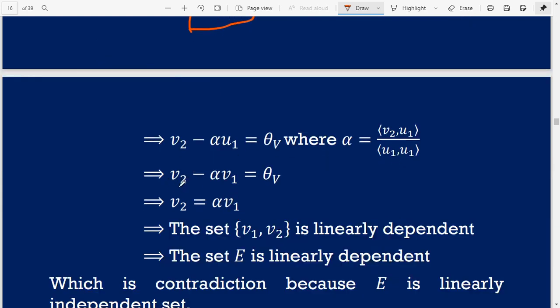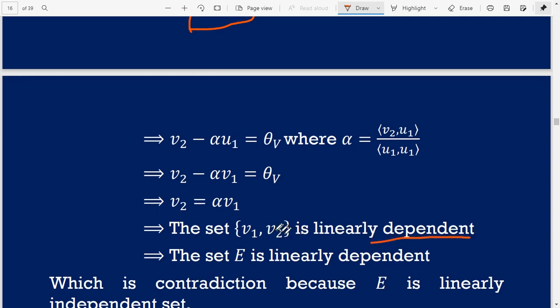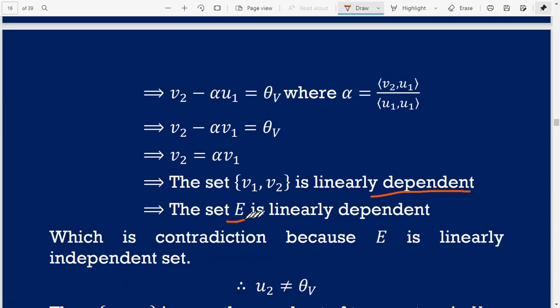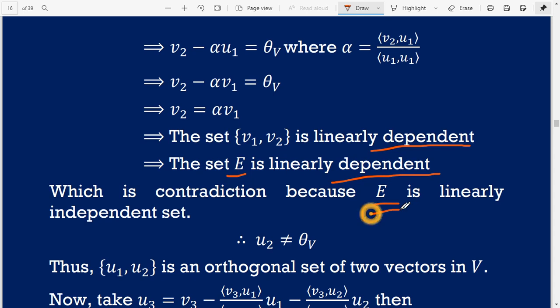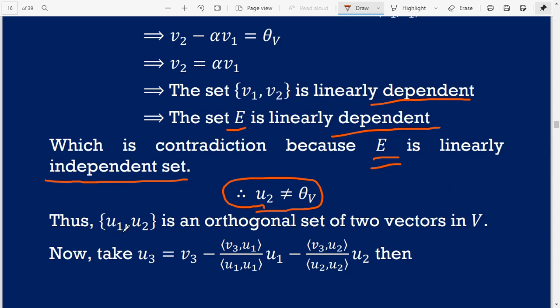So V2 minus alpha V1 is equal to the zero vector, which implies V2 is equal to alpha V1. This is a linearly dependent set. So the set E is linearly dependent, which is a contradiction because the set E is linearly independent. So U2 is not equal to the zero vector. Thus the set U1, U2 is an orthogonal set of two vectors in V.